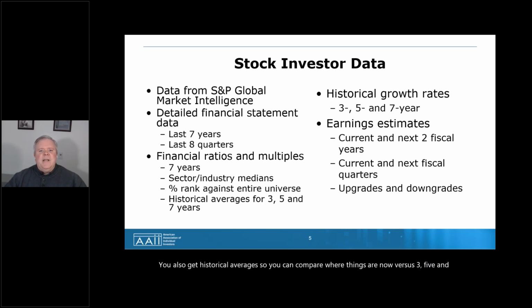Growth rates for a number of financial statement items over the trailing 12 months, last fiscal year, and last 3, 5, and 7 years, as well as earnings estimates, which are future projections for the current and next 2 fiscal years, as well as upward and downward estimate revisions for each of those elements. So all of this data means you can analyze a stock from every possible angle, past, present, and future.